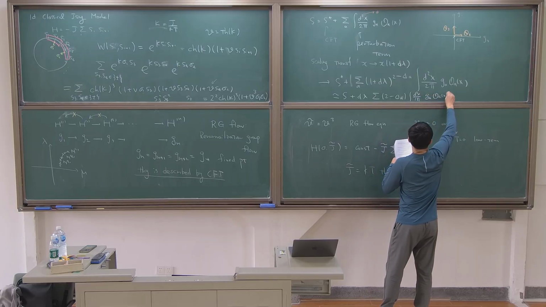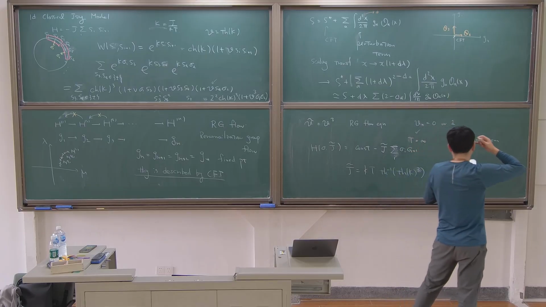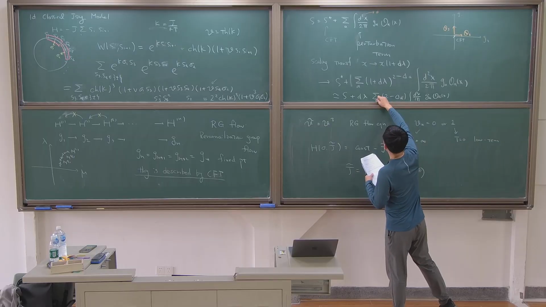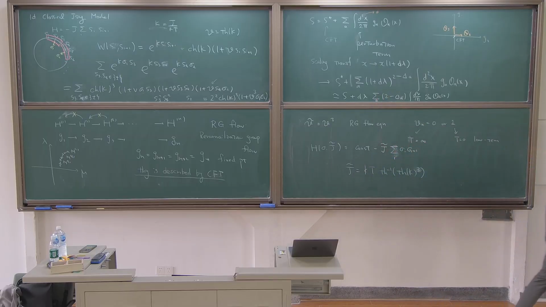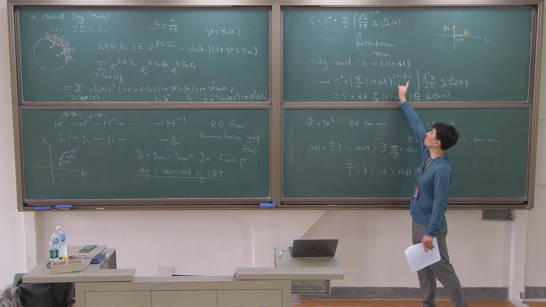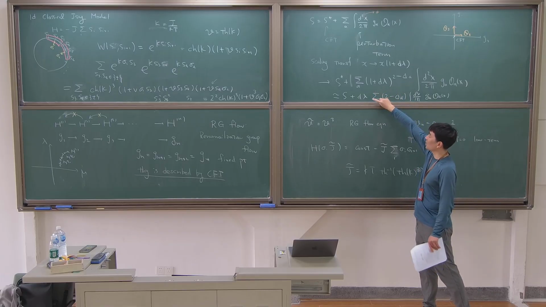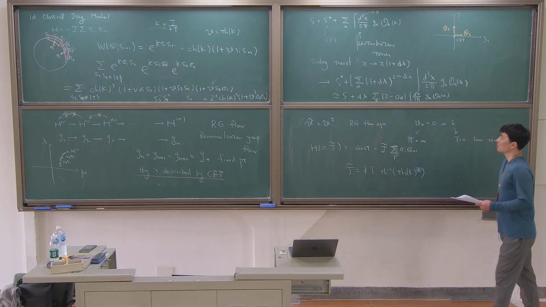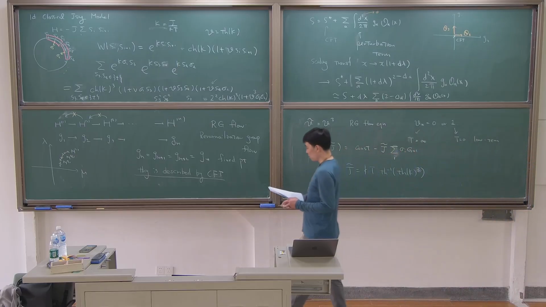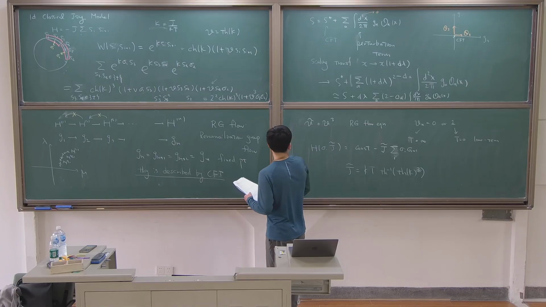So that's a linear term. I only do the Taylor expansion and look at the linear order in d lambda. So this is how the scaling transformation will map the action.